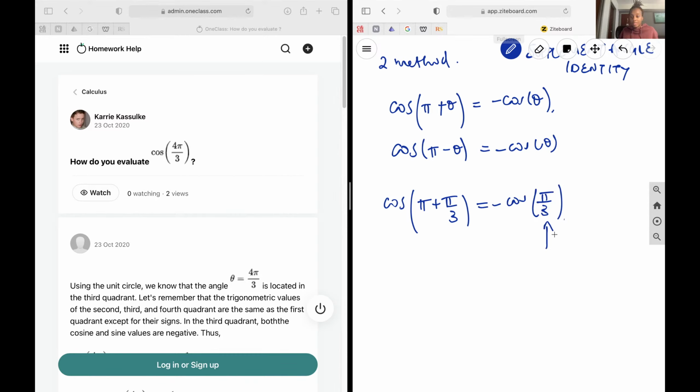Now the reason why I wanted this pi over 3 is because I know how to find it very, very easily using the special triangles.